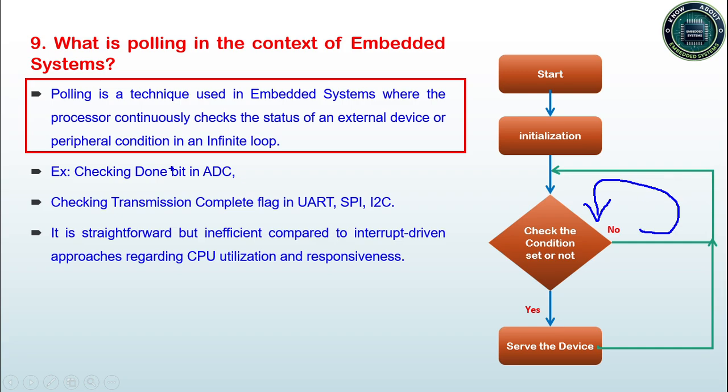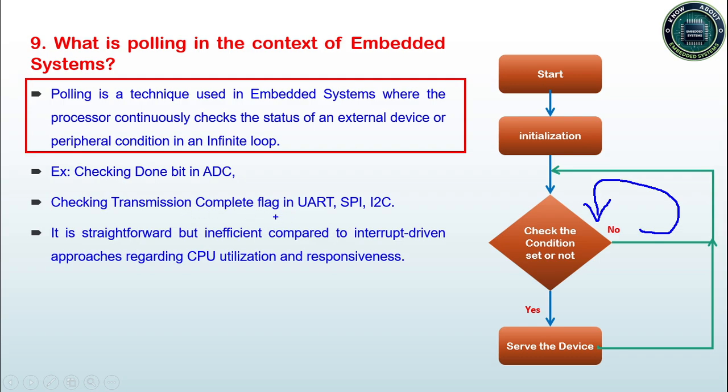Okay, so an example for polling is checking a done bit in an ADC. In the ADC we have something called a done bit, nothing but a conversion completion bit. We have to monitor that, and only then will we get the ADC result in the result register. The second example is the transmission completion flag.